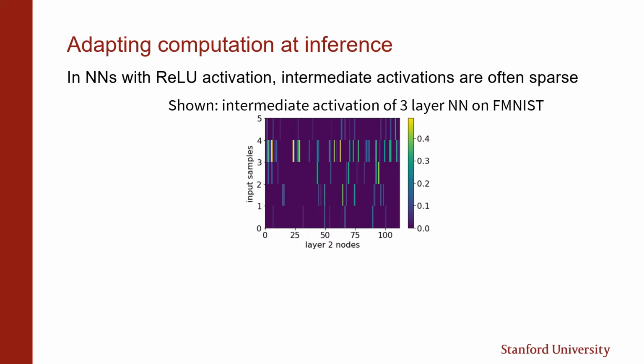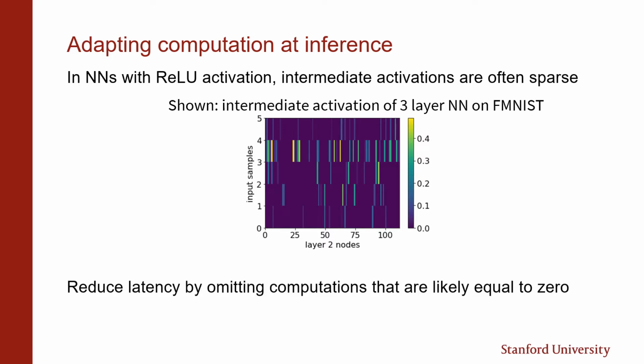The y-axis exemplifies different input examples to the neural network, while the x-axis exemplifies the differing activation of each node in the second layer of the neural network. What you'll notice is that the activation is quite sparse. Further, the activations that end up being 0 have no impact on the inference result. Thus, we can reduce latency by omitting computations that are likely to end up being 0.